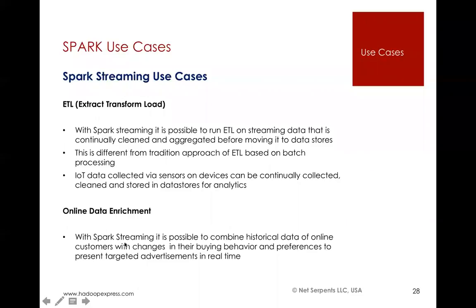This is how online user behavior analysis is changing these days. Companies want to know what exactly the user is doing at this moment, combine it with what he did earlier, the historical data, and instantly take some action to induce them to buy your product. So that's how things are working.